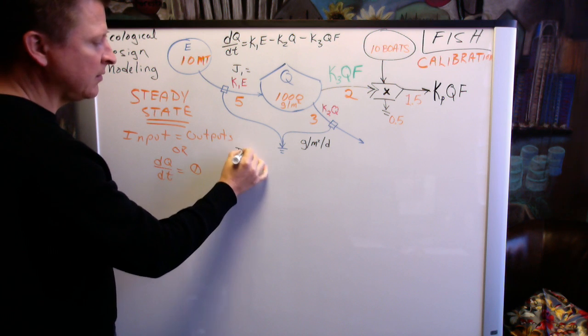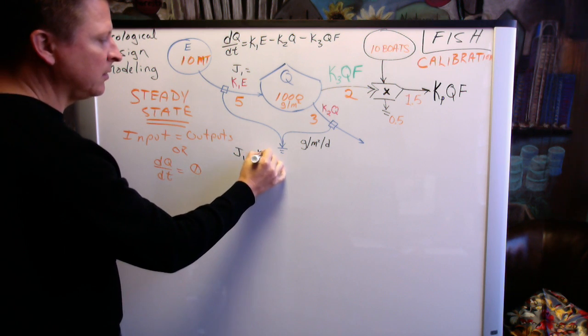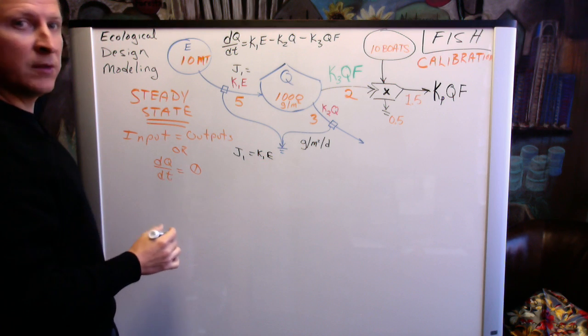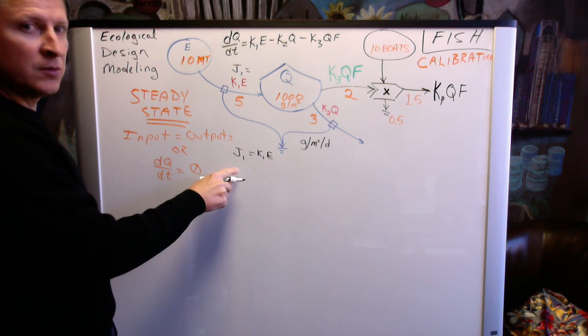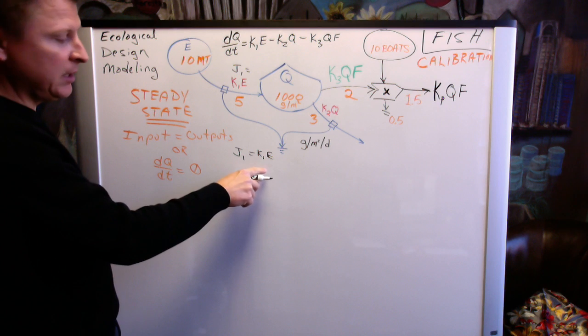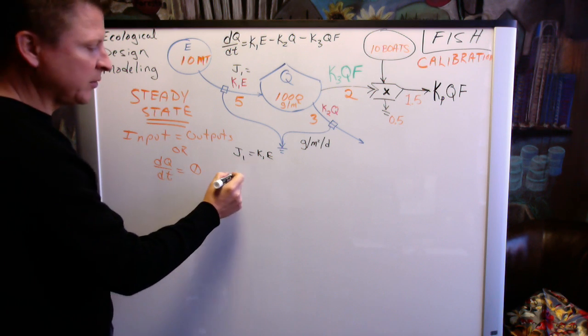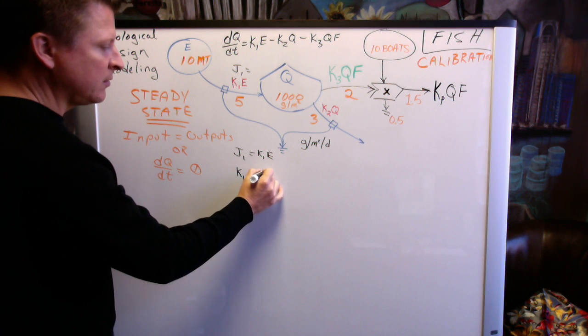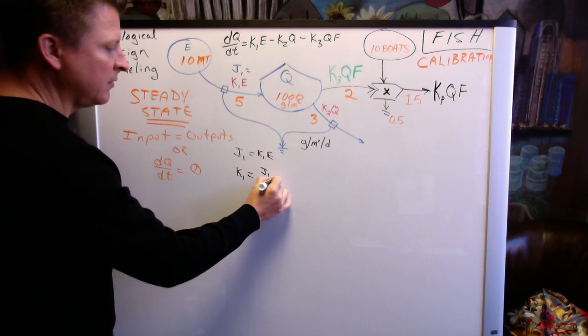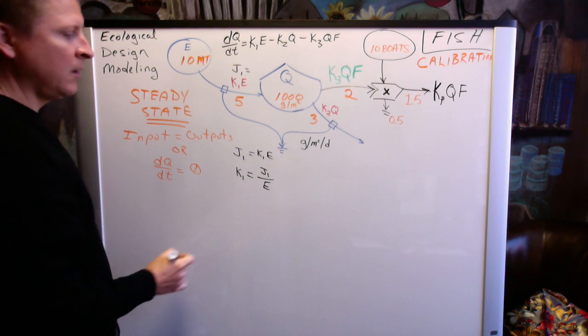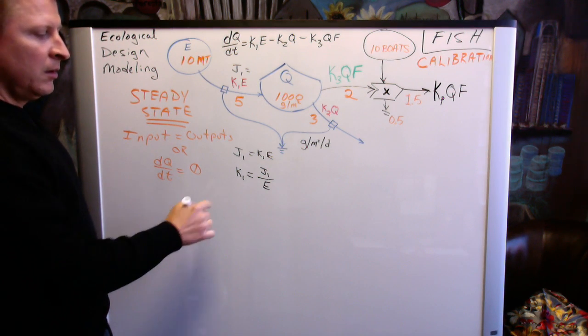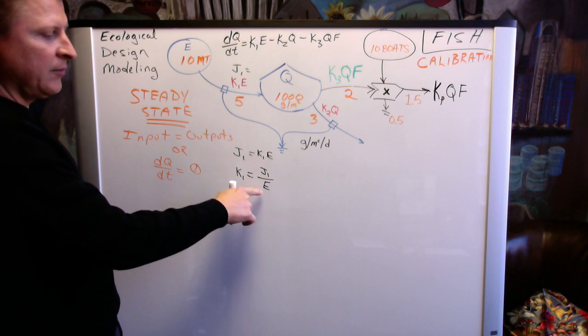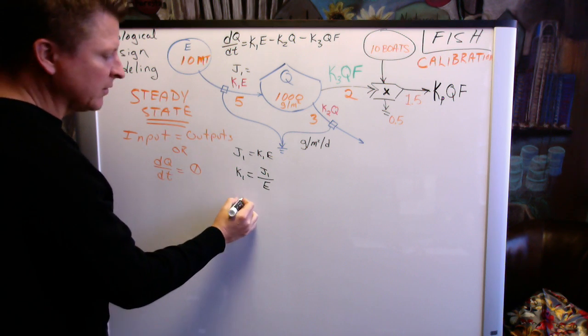That's what's going on in this pathway. J1 equals K1E. We want to know K1, so let's solve for that. It equals J1 divided by E. We know J1, it's 5, and E is 10.